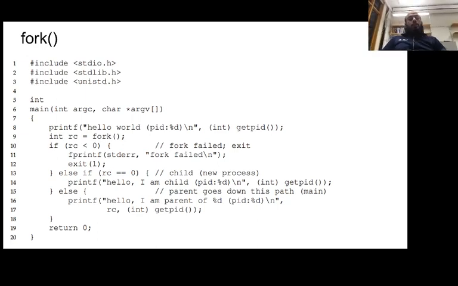Fork basically takes a program, and if you fork a program, you're basically cloning it. You're running an exact clone of the program. The cloned version is the child process, while the original is the parent process.